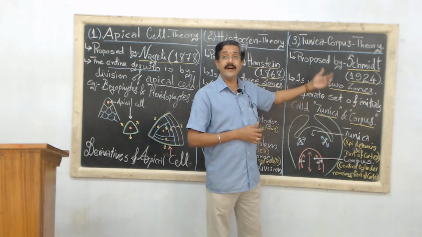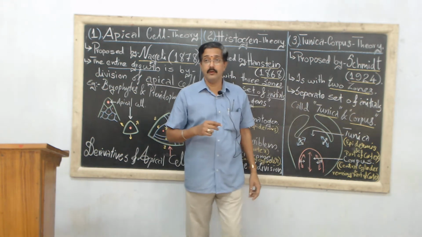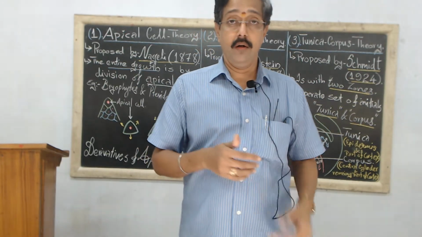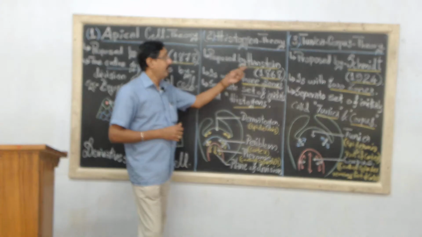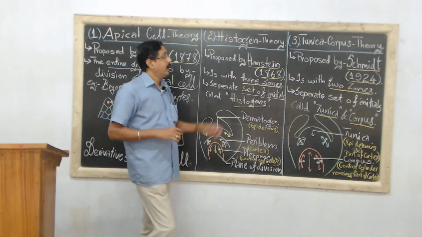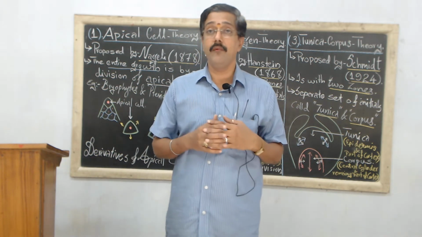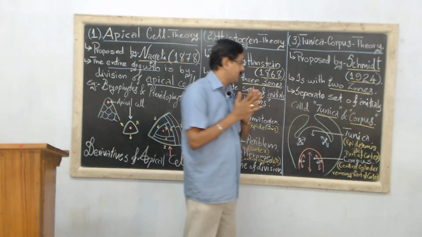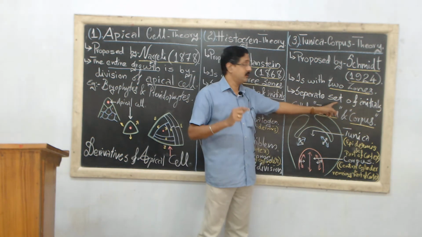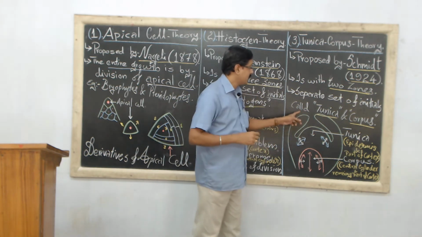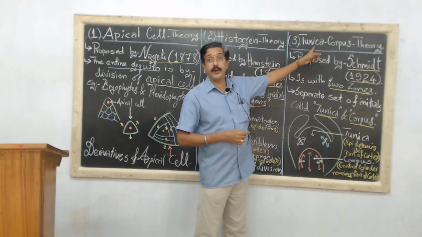According to this theory, the apical initial has only two zones, that is, only two initials, rather than the three proposed by Hanstein. These two initials, concerned with the organization of the shoot apex, are together called tunica and corpus. That is why the theory is named the tunica corpus theory.